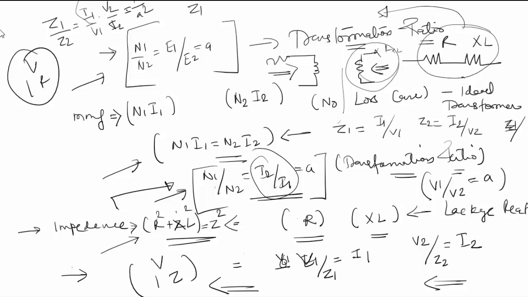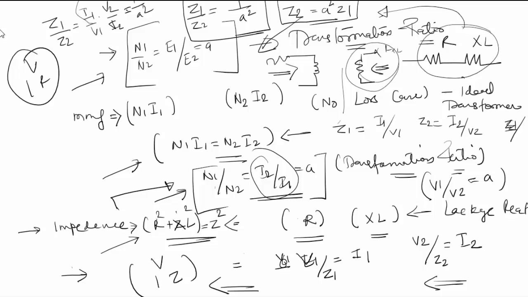So Z1 upon Z2 is equal to 1 upon A square. So Z2 is equal to A square Z1.